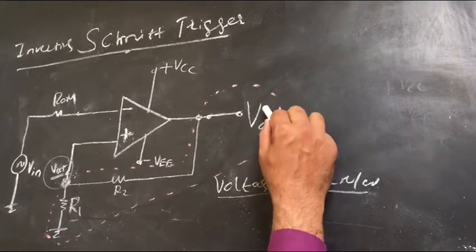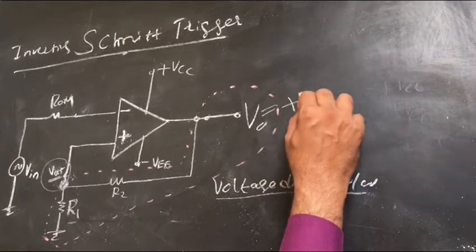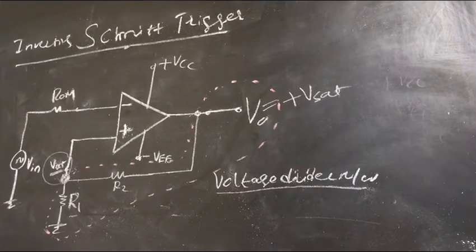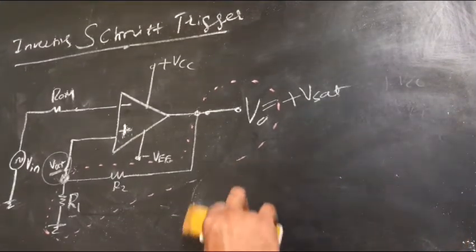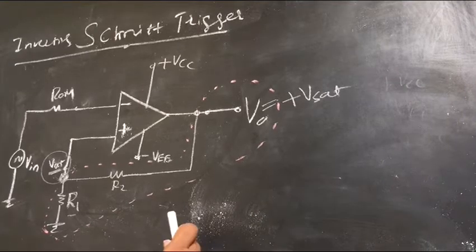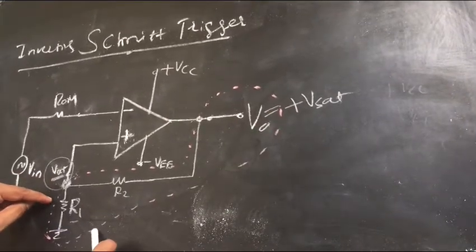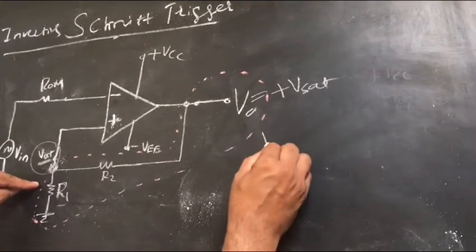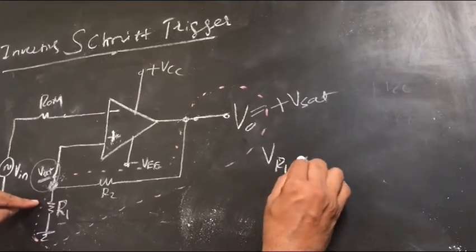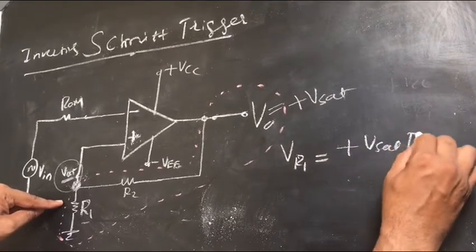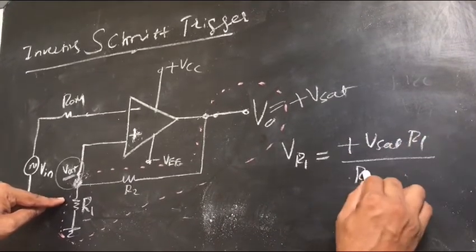Let's say my output is at plus Vsat state. So when output goes to plus Vsat state, this particular portion acts as a voltage divider network. Therefore, voltage across the resistor R1 is nothing but plus Vsat into R1 divided by R1 plus R2.